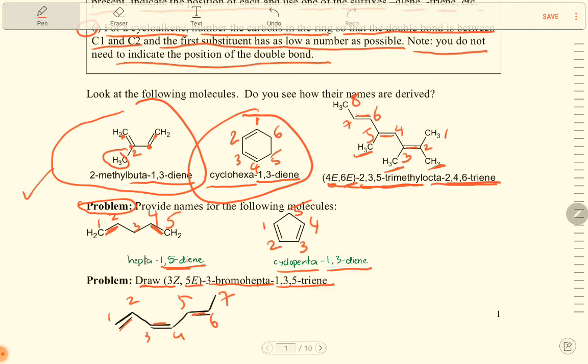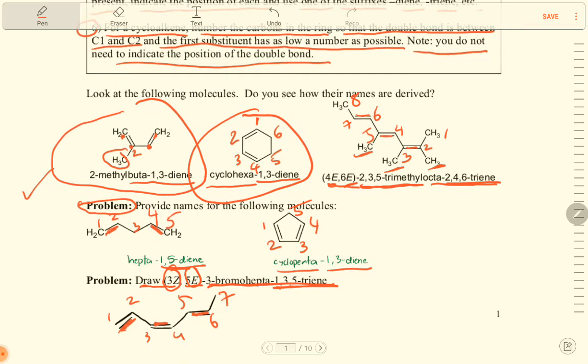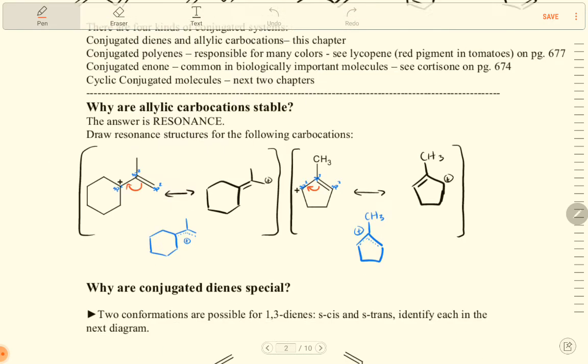And then you can see 1, 3, 5 triene, right? And you can see 3Z and 5E. So you need to draw stereochemistry in that. Alright, next page.